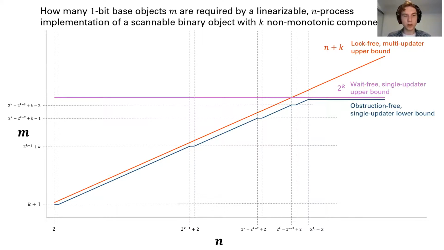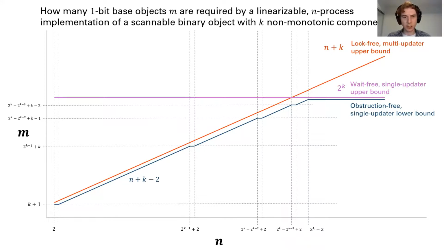The graph is divided into several sections by these dotted lines. The section on the left is between n equals 3 and n equals 2 to the k minus 1 plus 2. For this range of n, we show that an implementation requires n plus k minus 2 base objects. Then we see that the line flattens off for one process, so our lower bound effectively loses a base object.